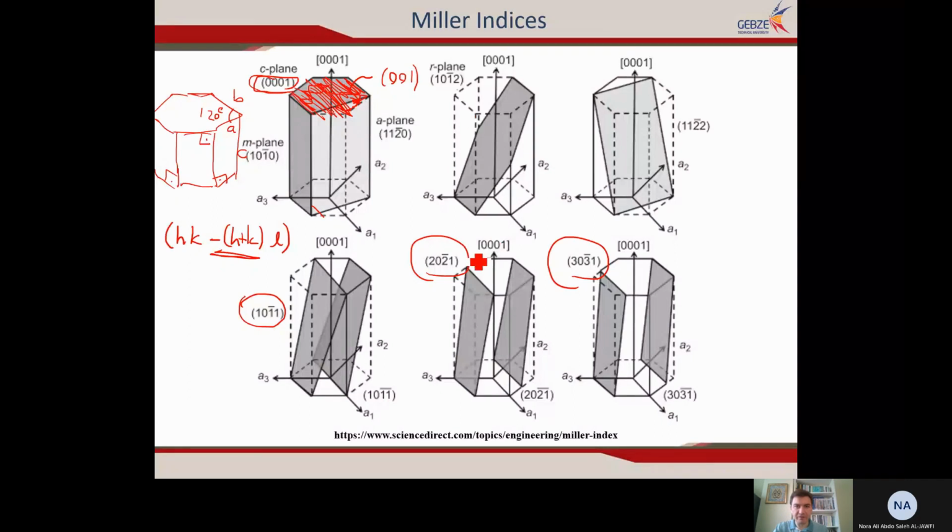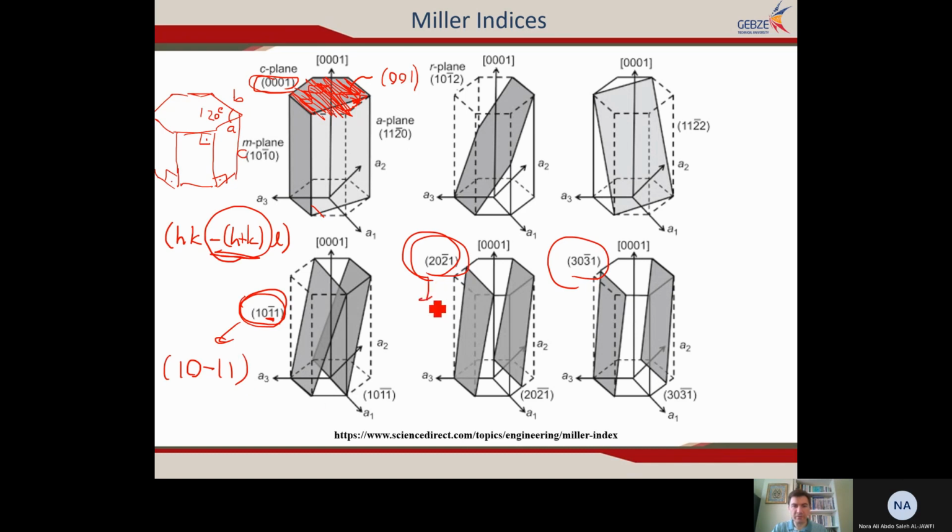So here you see different surfaces in hexagonal structures, and all of the surfaces here include an additional term, which is given by minus h plus k. Also here. In some books, papers, or information on the internet, you can find this type of representation of a surface, for example 1, 0, minus 1, 1.